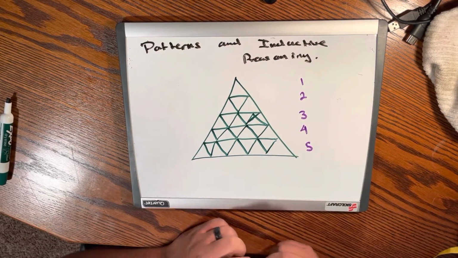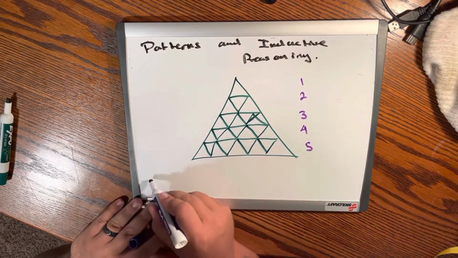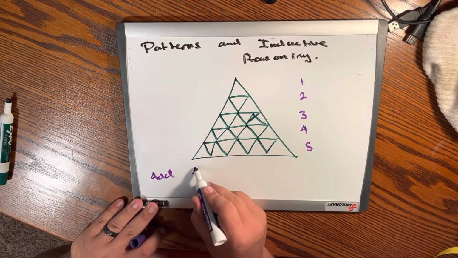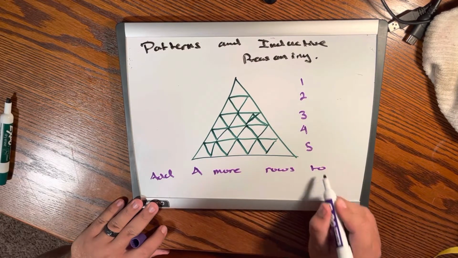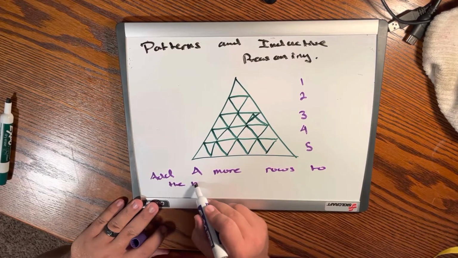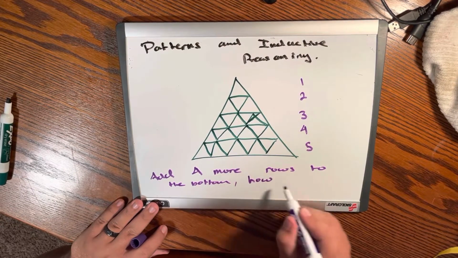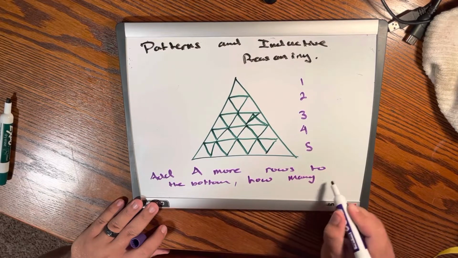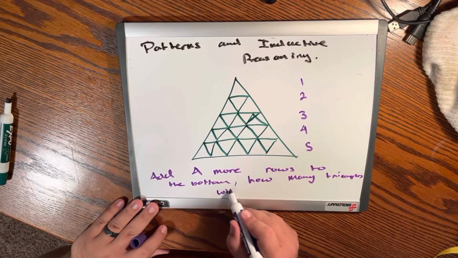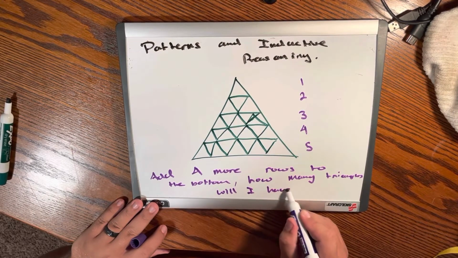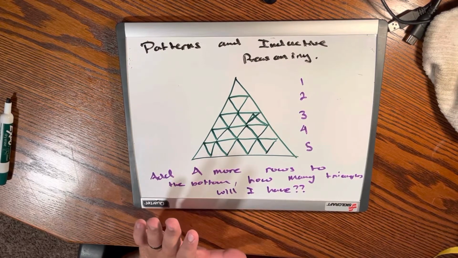Now before I even go any further, if I was to add 4 more rows to the bottom, how many triangles will I have? Okay, so go ahead and work on that yourself.